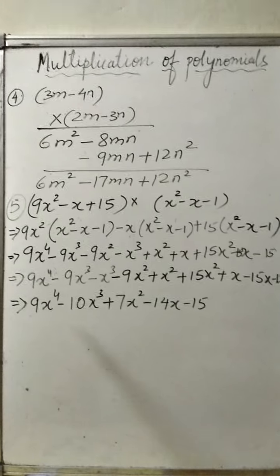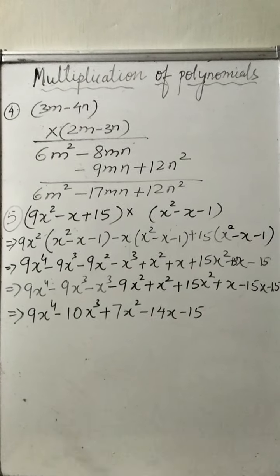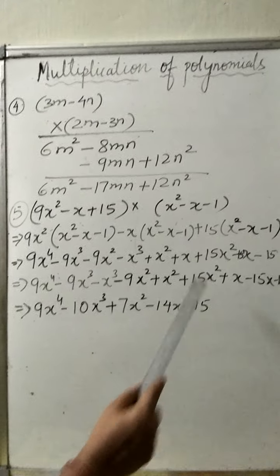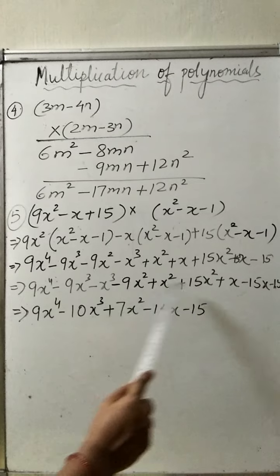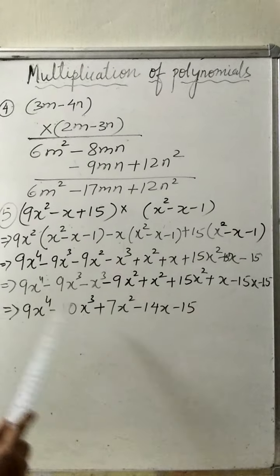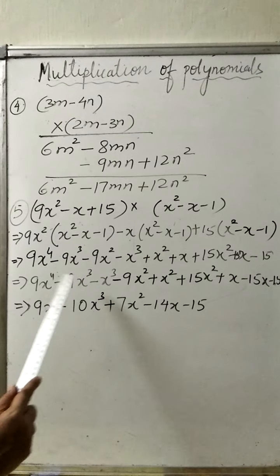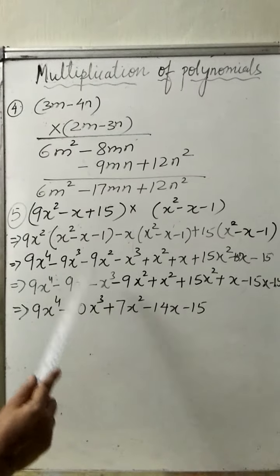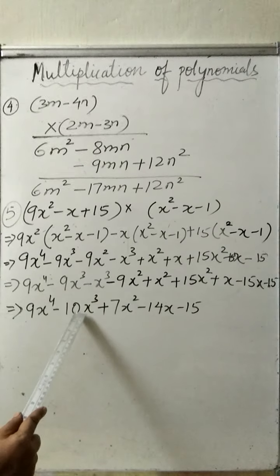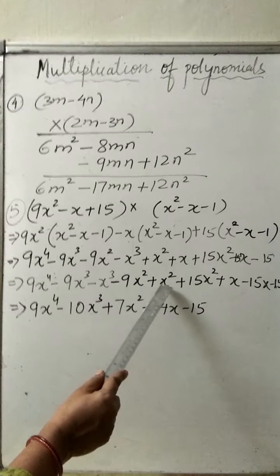Now arrange all the like terms together and then solve it. I have arranged here in order. Now I am going to solve it. In the first step we have multiplied, here we have arranged like terms together. So 9x to the power 4 is alone, so 9x to the power 4. Minus 9x cube minus x cube, so minus plus 9 plus 1 is 10, so 10x cube. Here is minus 9x square plus x square.